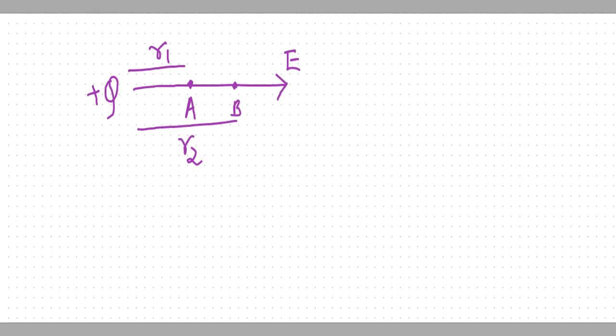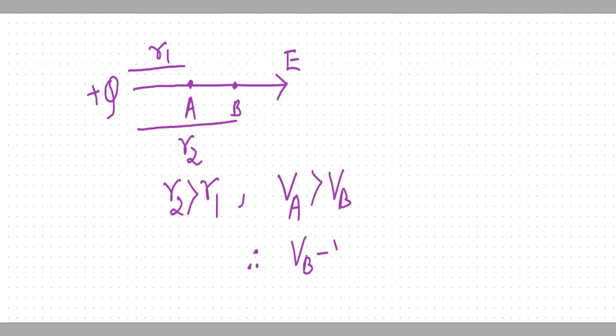From the diagram it is clear that R2 is greater than R1. If this is the case, then potential at A will be greater than potential at B. Therefore VB minus VA is negative.